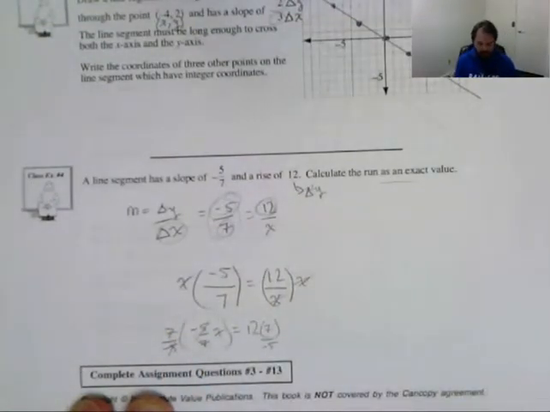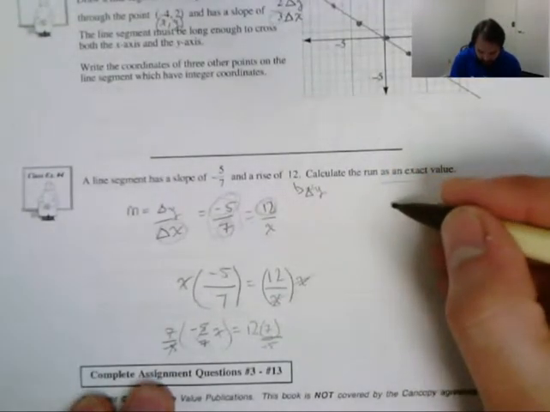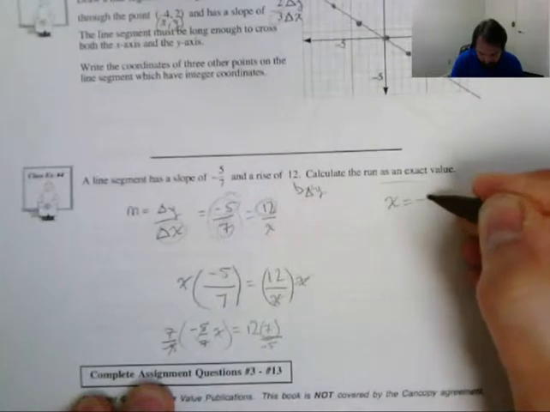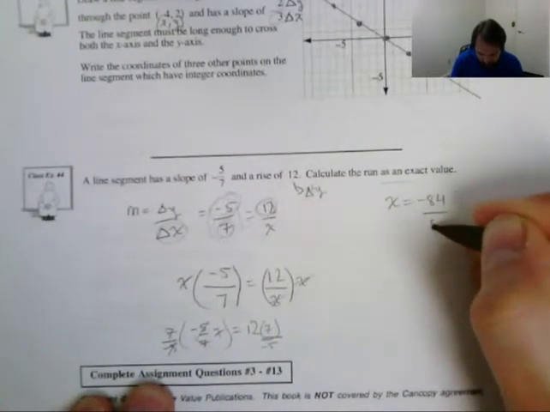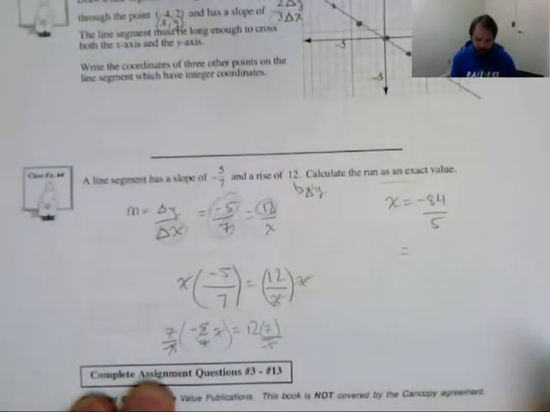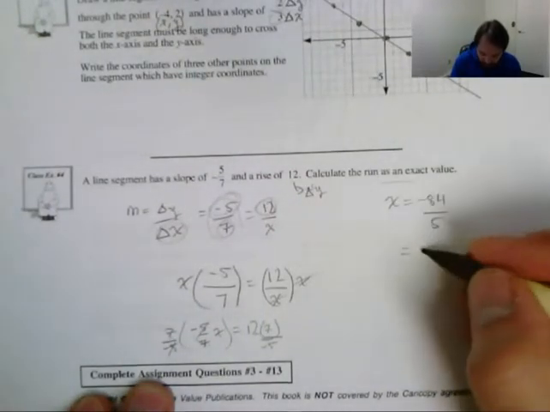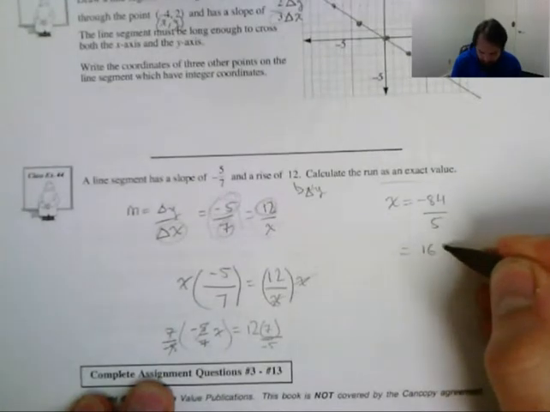That will cancel off those 5. So that isolated x. So I ended up getting now 7 times 12 is 84 all over 5, okay? Which is equal to negative 16 and 4/5.